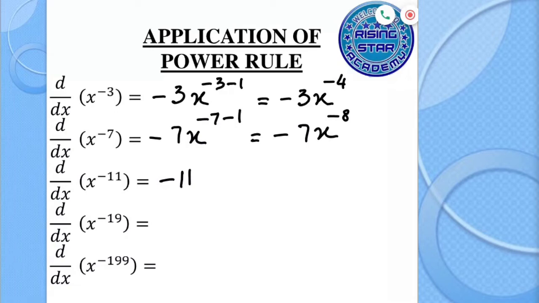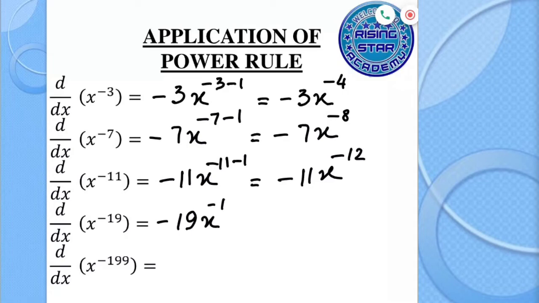Minus 11 x to the power of minus 11 minus 1, so minus 11 x to the power of minus 12. Minus 19 x to the power of minus 19 minus 1 becomes minus 19 x to the power of minus 20.